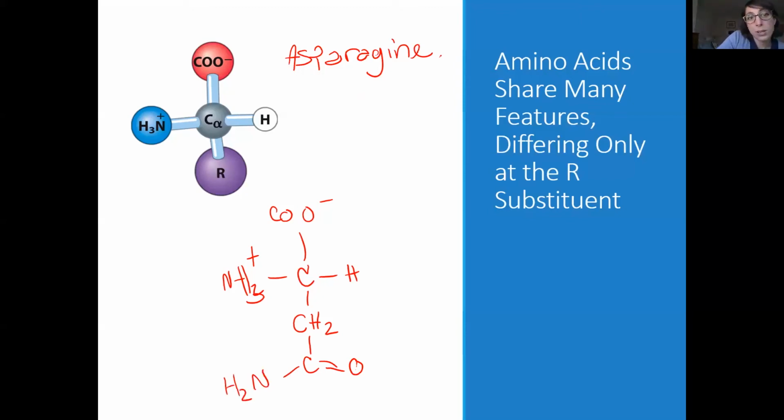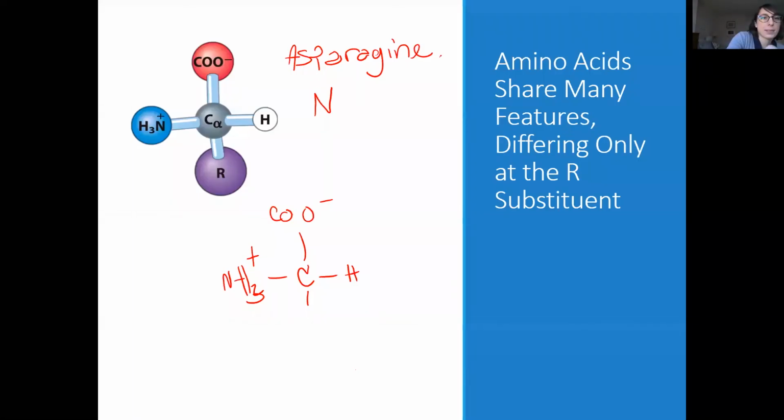This is a polar amino acid. And again, this one, asparagine, is not going to have an A as its one-letter code. Asparagine actually is going to have an N as its one-letter code.